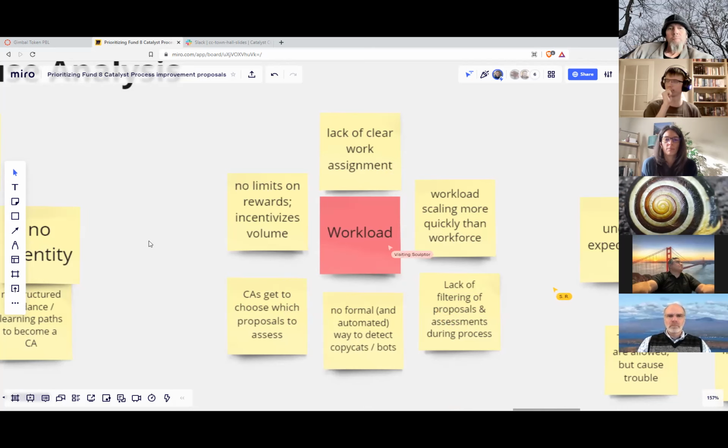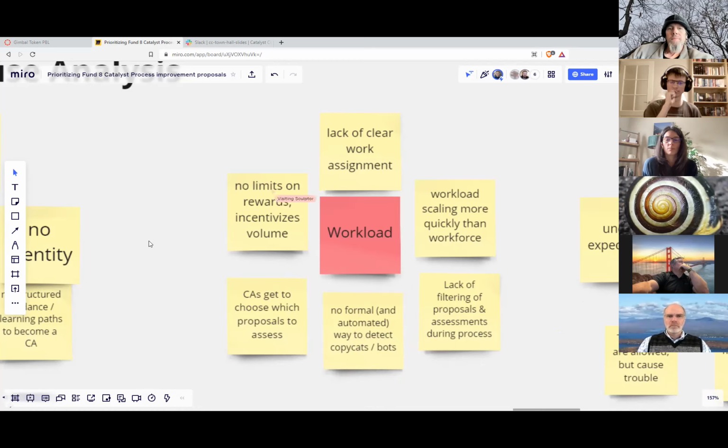And there's just not enough new CAs coming in as opposed to new proposals. And there are some limitations on automated assistance for doing some of the work that is being done now.